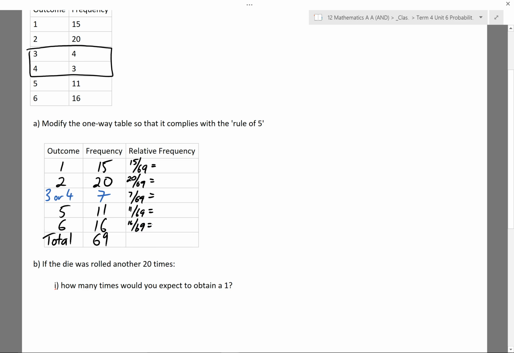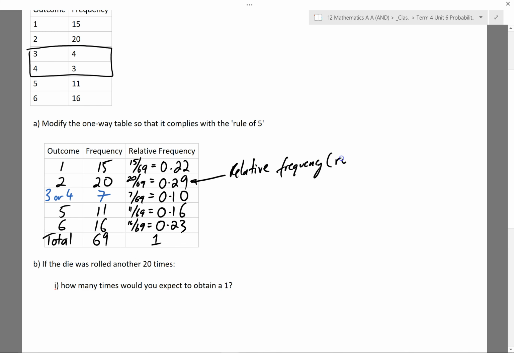Hopefully when I add these all together, I should get 1 down here. Adding is your check. All of these numbers in here, like this number 0.29, is the relative frequency of rolling a 2.